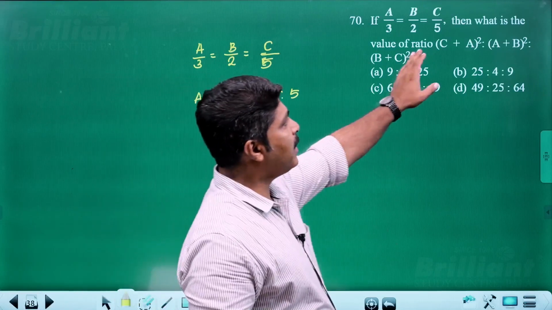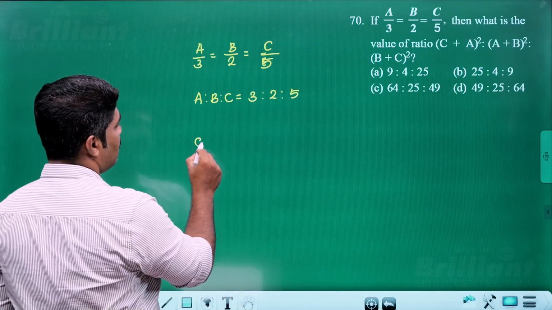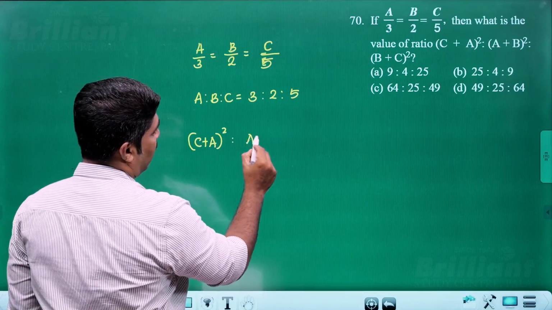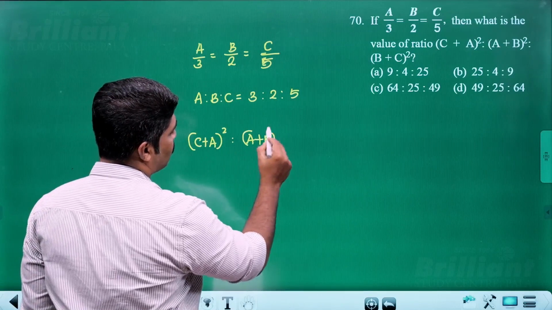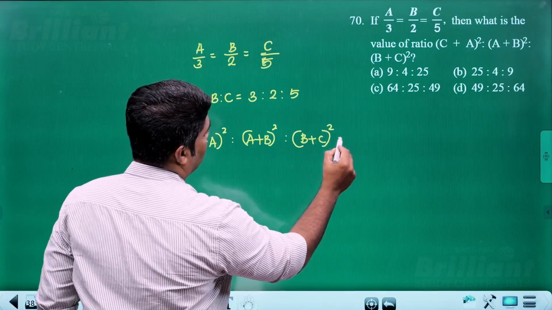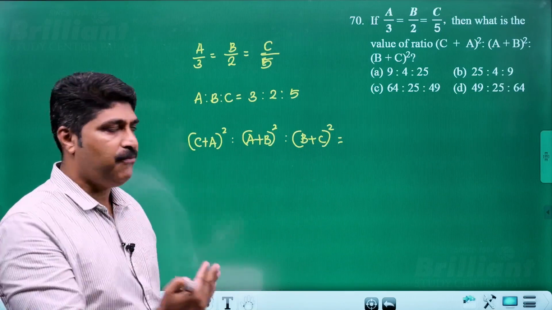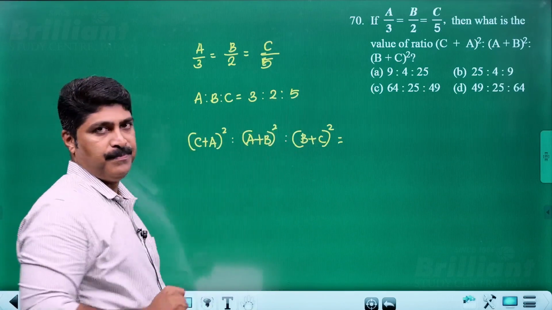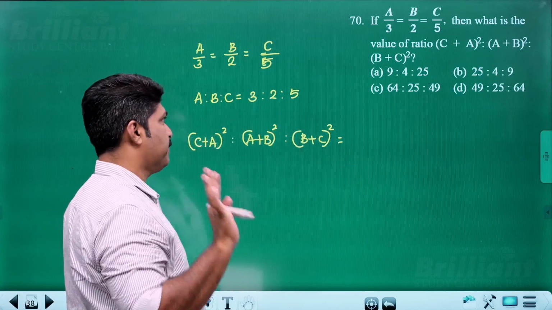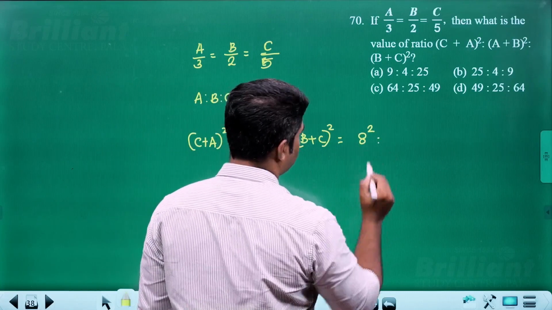Then look at the required ratio form. That's also a ratio form: (C plus A) the whole square is to (A plus B) the whole square is to (B plus C) the whole square. You have to make sure all these expressions are of a similar degree, that means all are squares. Just substitute these values instead of A, B, C. C plus A, 5 plus 3, that is 8, so 8 square.